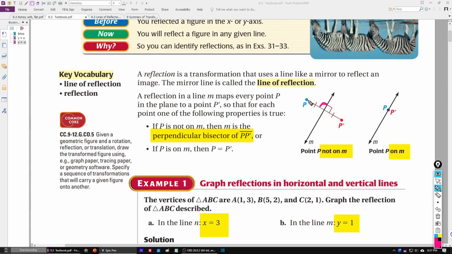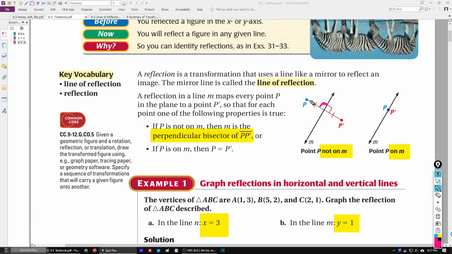If you're looking at yourself in a mirror, when you're able to see your eyes in the mirror, you will always be looking at that mirror at a 90-degree angle. Your line of sight will always be perpendicular to the line of the mirror.